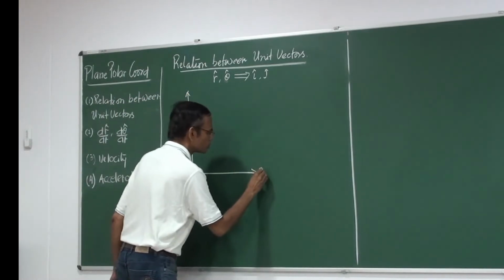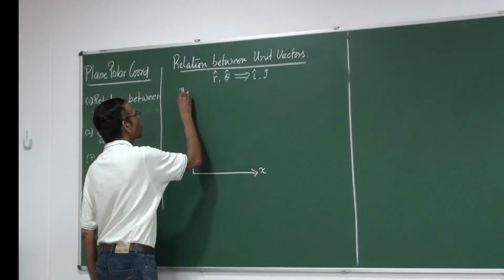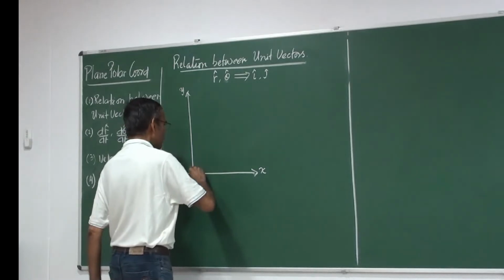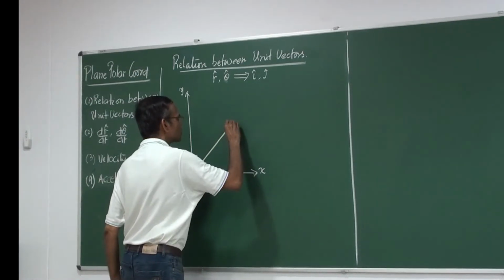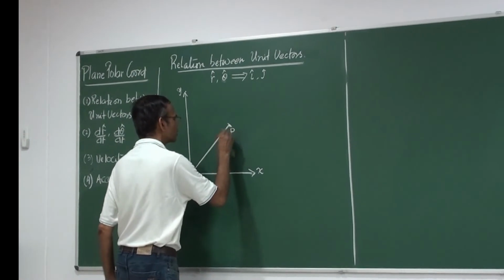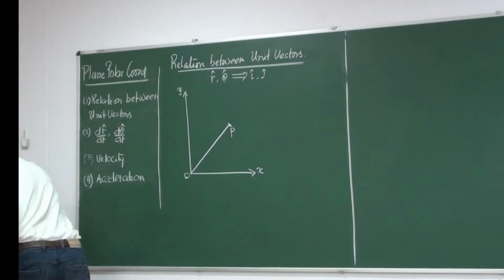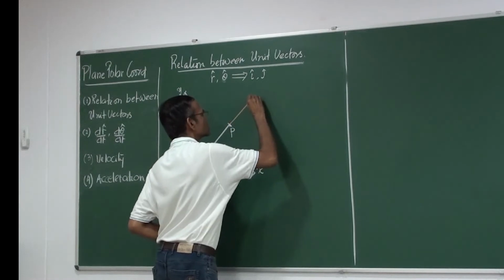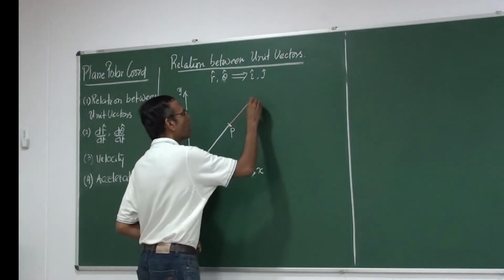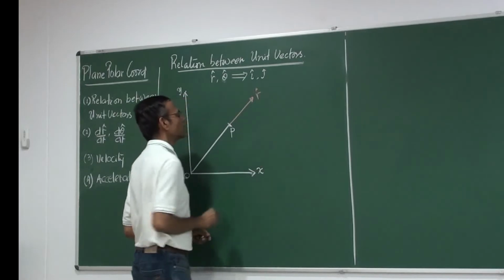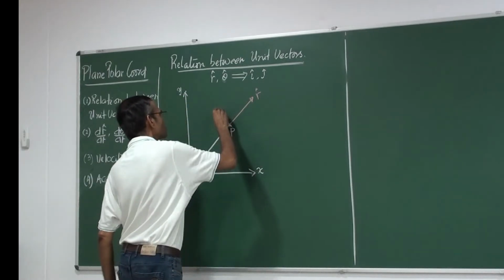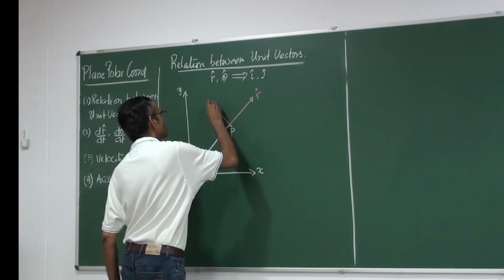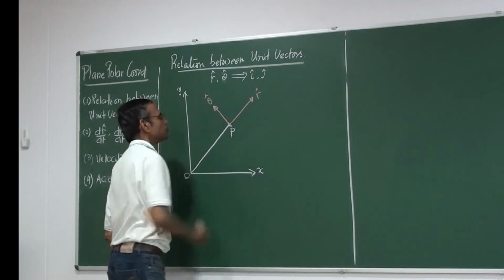So this is your x and y coordinate with the origin O, and let me extend this line from here, say a point P, and let me use red chalk. This is your, suppose say, r cap. Alright. Theta cap also, let me draw perpendicular to it with a red chalk, that is your theta cap.